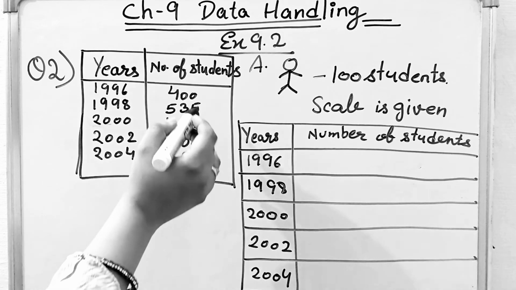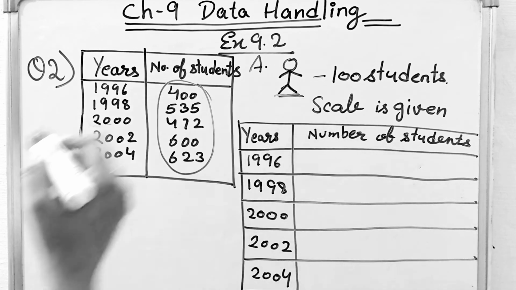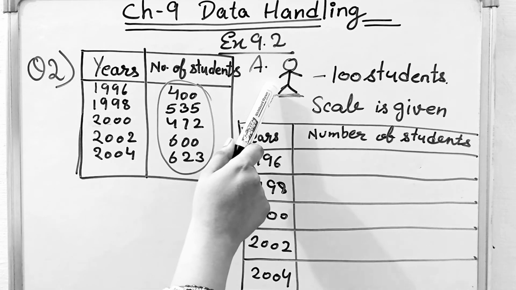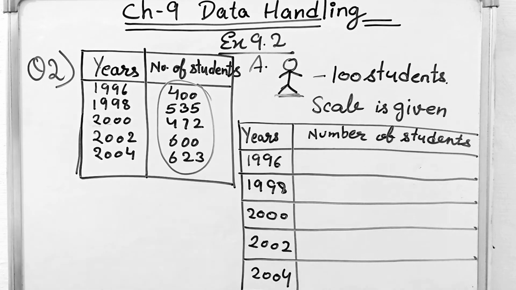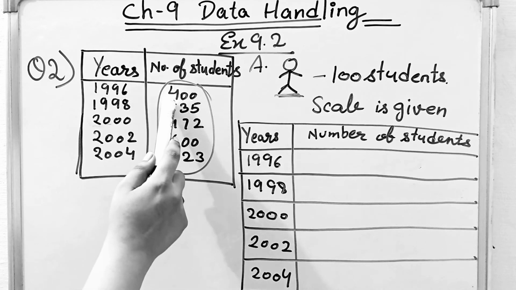Now we will represent these number of students with the help of this given symbol, and we will keep this in our mind, that one symbol is representing 100 students. So we will draw them accordingly. So we can see in 1996 there are 400 students.